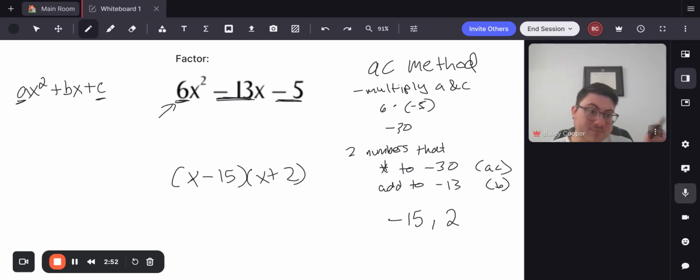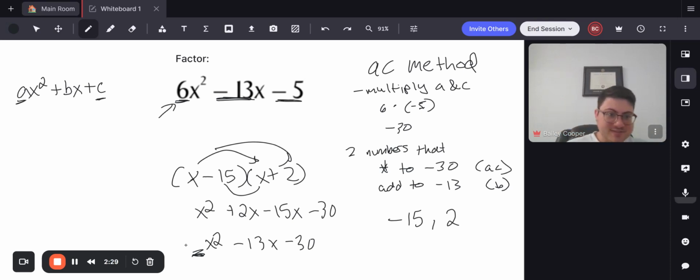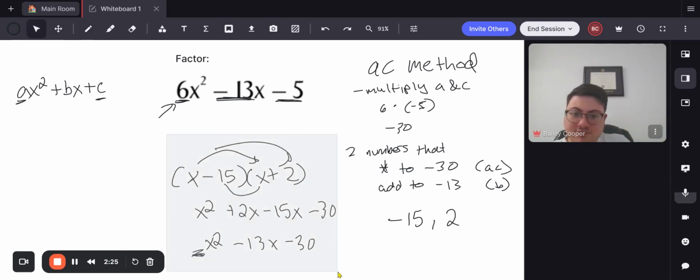If you distribute it back out, you get x squared plus 2x minus 15x minus 30, which is x squared minus 13x minus 30, which is not what we have. The important thing to note is that we don't have the 6 in front of the x squared. So we're going to have to do something a little bit different.